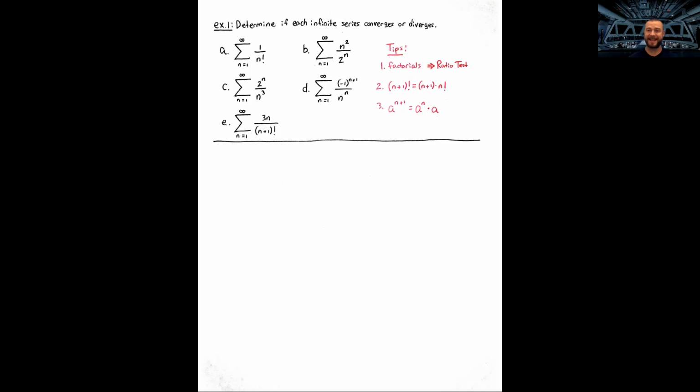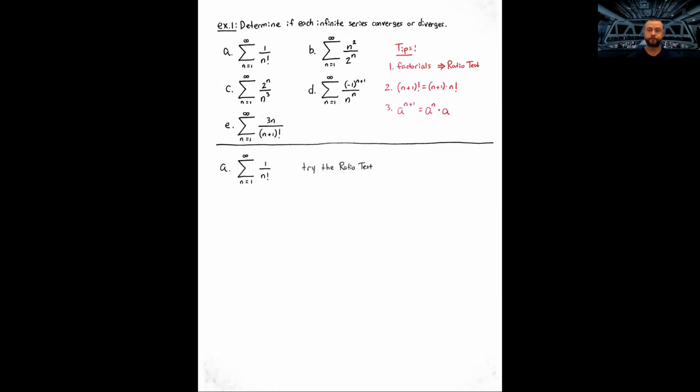A number a to the n+1 power, you can rewrite as a to the n times a to the 1, or anything to the first power is just that number, in this case a. So when you're applying these ratio and root tests, keep in mind these tips and tricks, particularly dealing with factorials and a number raised to an nth power. All right, with these tips in mind, let's get to part A.